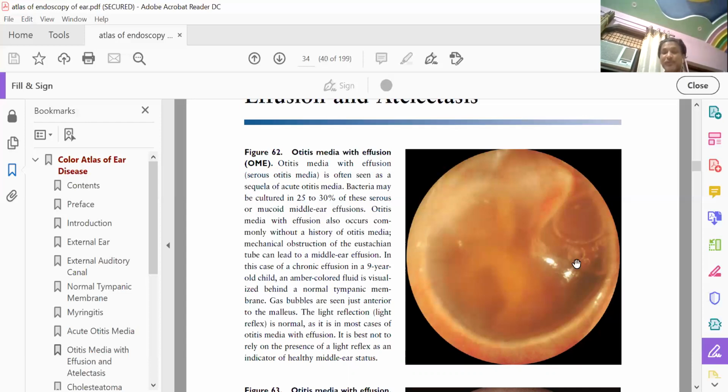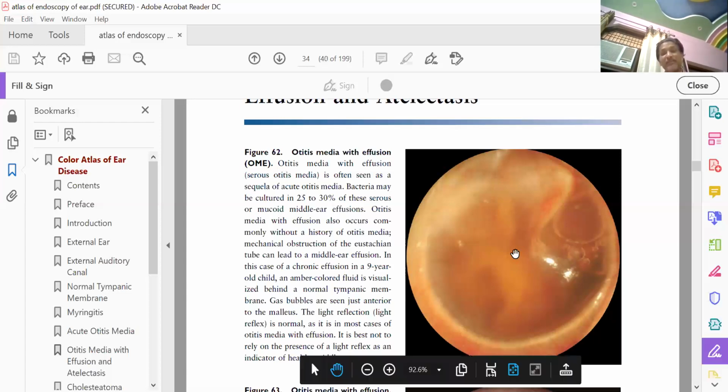So some air bubbles are entrapped. This is called an air fluid level, you can see. So the presence of air fluid bubbles and this amber looking tympanic membrane. This is not a translucent tympanic membrane now.